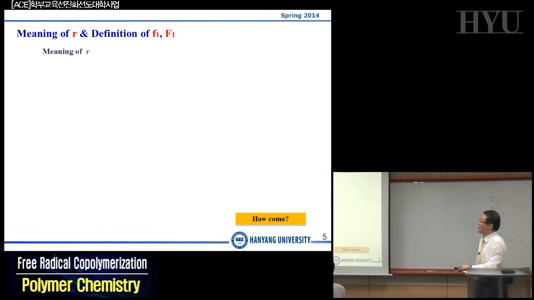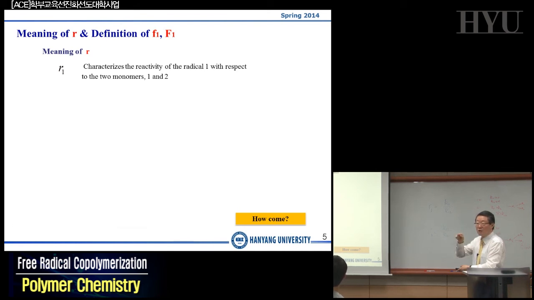So let's define the meaning of r and of small f1 and large F1 again. r1 is the characterization of the reactivity of radical 1 toward the two monomers, 1 and 2. Radical 1, M1 dot, meeting with M1 or M2 is defined as small r1.